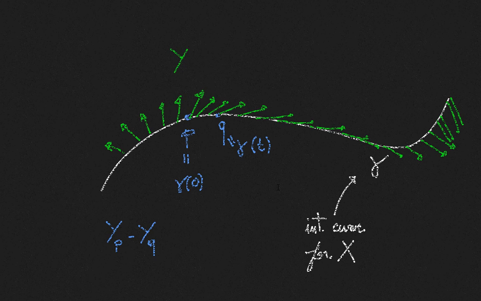Y of p lives in the tangent space. This is inside the tangent space at P of M. This is inside the tangent space at Q of M. So there are vectors which live in different vector spaces.